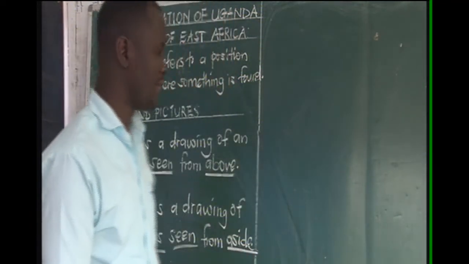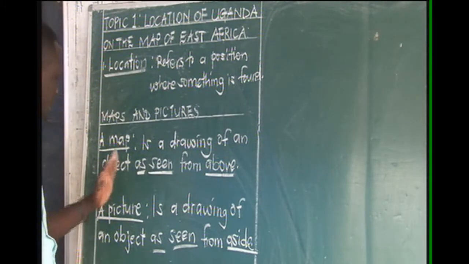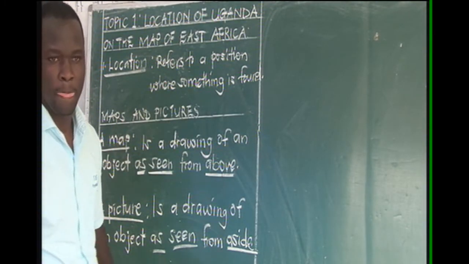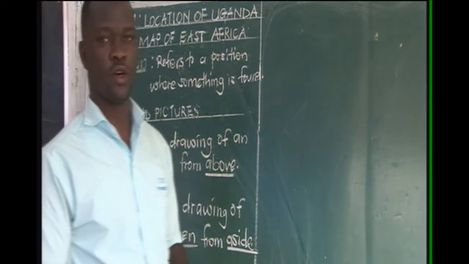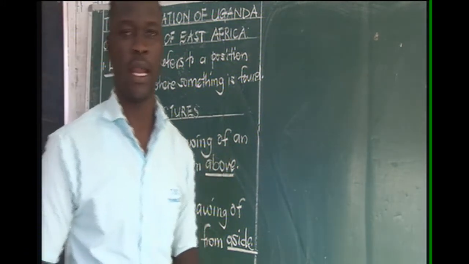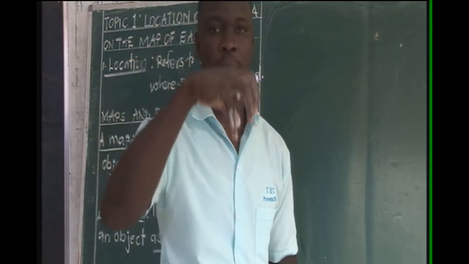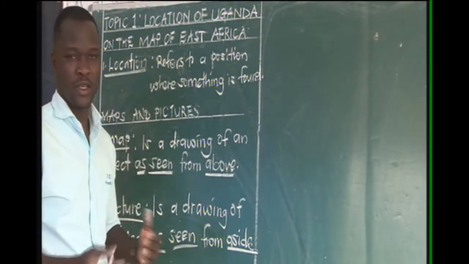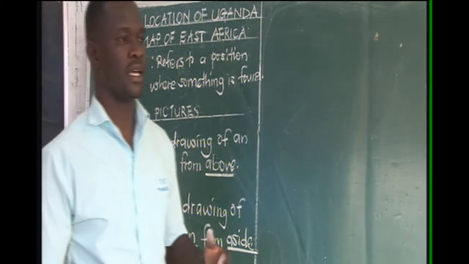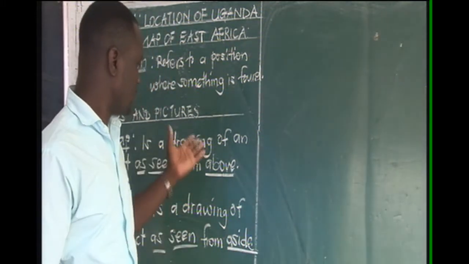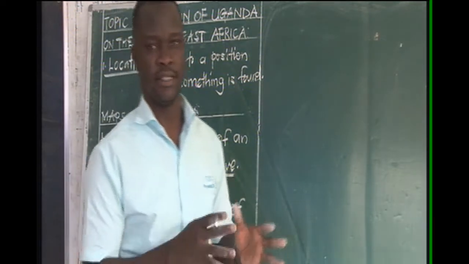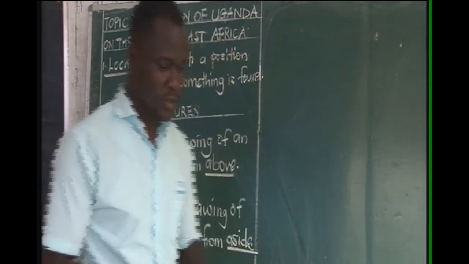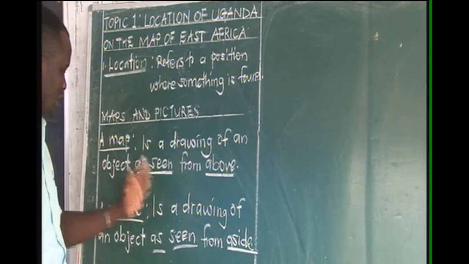If you are asked to state the difference between a picture and a map, you say a picture is drawn from a side, while a map is drawn from above. But if you are asked to give the similarities, you simply say both are representations of objects, because they're not the real objects. So that is what we can say about this.